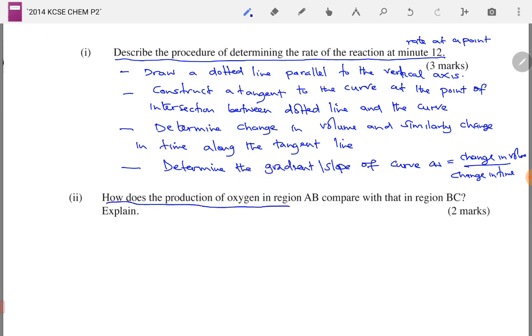How does production of oxygen in region AB compare with that in region BC? Explain. Production. So production is actually the rate.